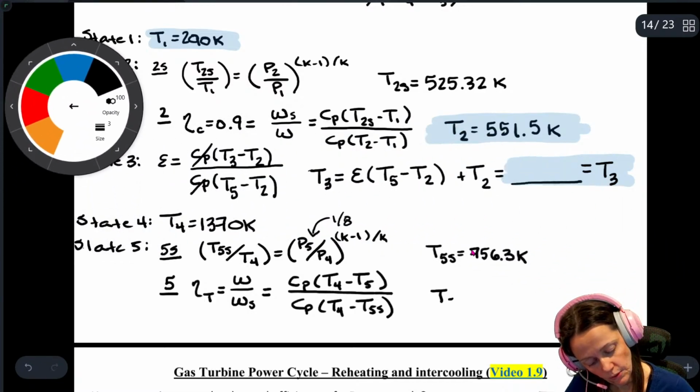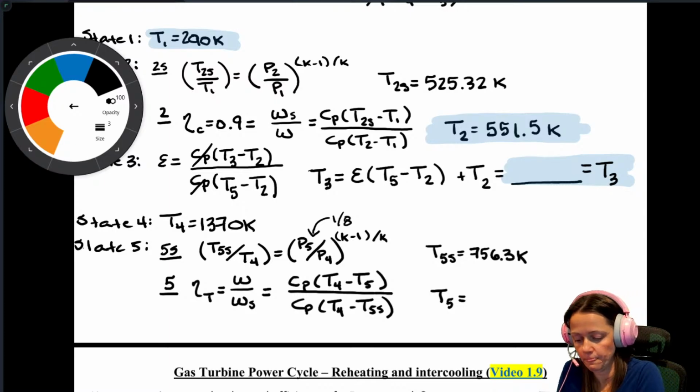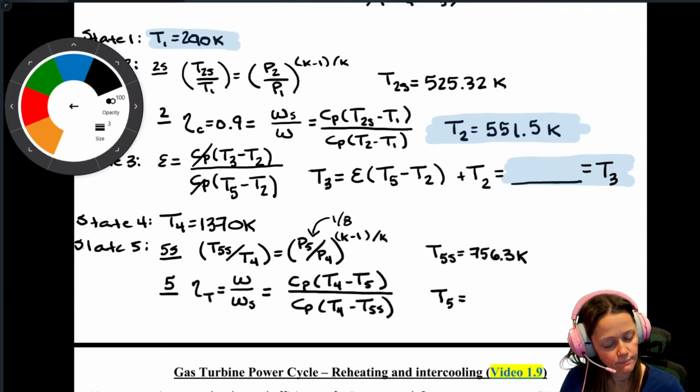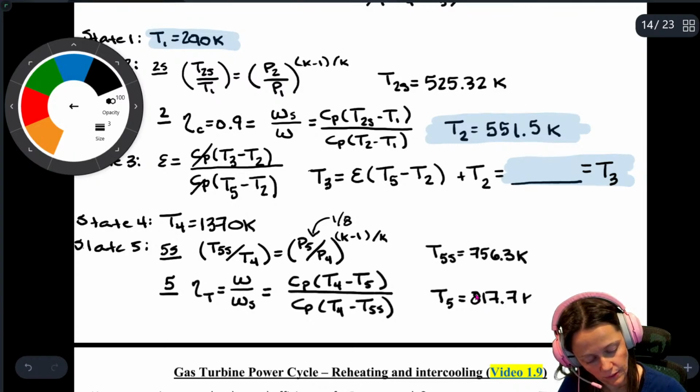So our T5, let's see, that's going to be 1370 minus... better, that makes sense. This is 817.7 Kelvin.